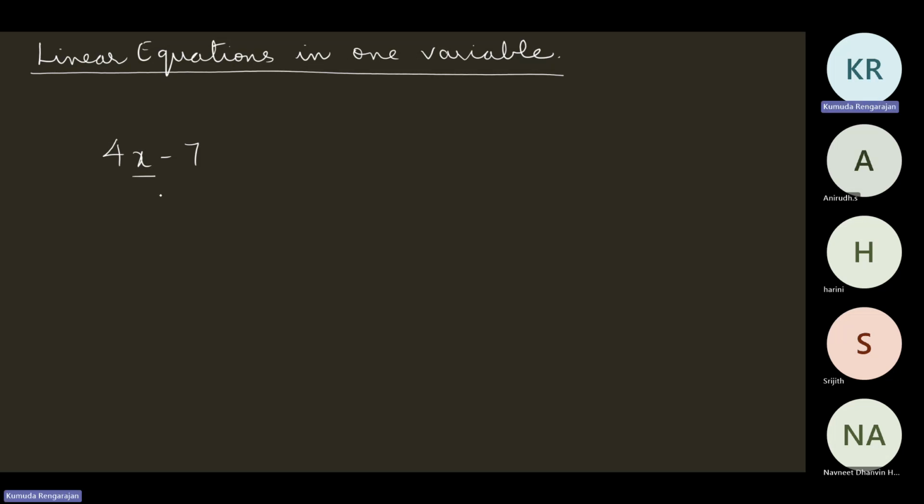The variable here is x, and the constants are 4 and 7. The variables and constants are connected by some or all mathematical operations. So here you see two mathematical operations, multiplication and subtraction.